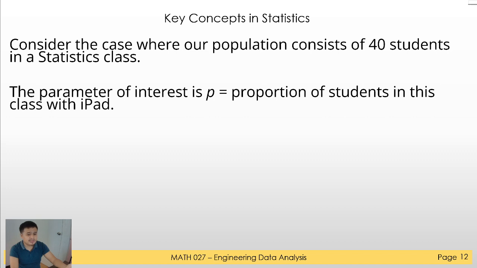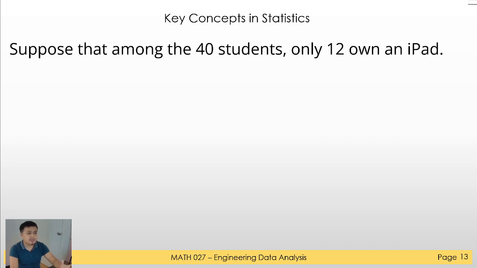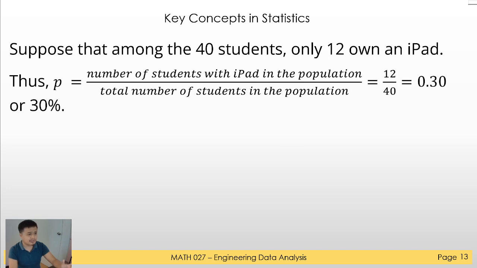The proportion will be the ratio of the students that have an iPad over the total number of students. Now, suppose that among the 40 students, only 12 own an iPad. Therefore, our parameter for that case will be 12 over 40, which is 0.30 or 30%.